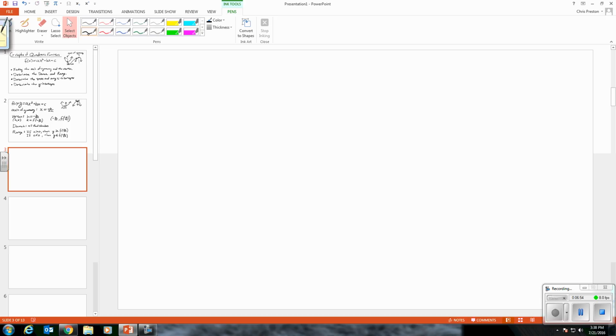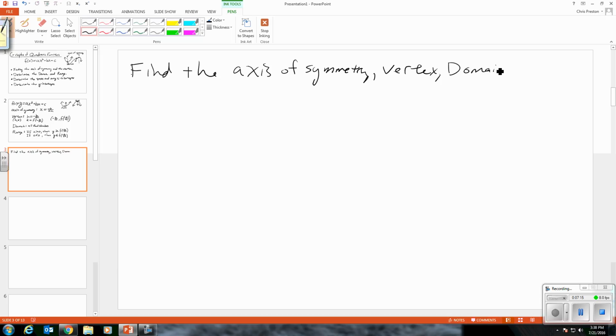So let's see some kind of question you might be asked to do. Find the axis of symmetry, vertex, domain, and range.